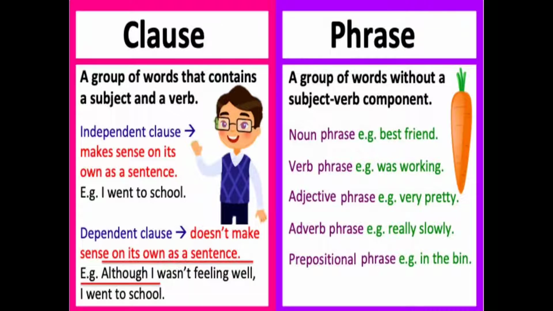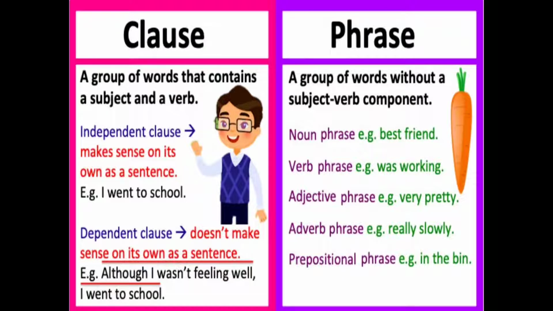Here we are talking about independent clauses and dependent clauses. A clause may be of two categories, dependent or independent. It is not necessary that a clause is always independent; it may be dependent also. In the last slide we also discussed the independent clause, which makes sense on its own as a sentence.